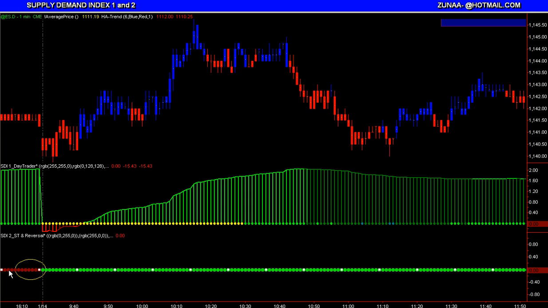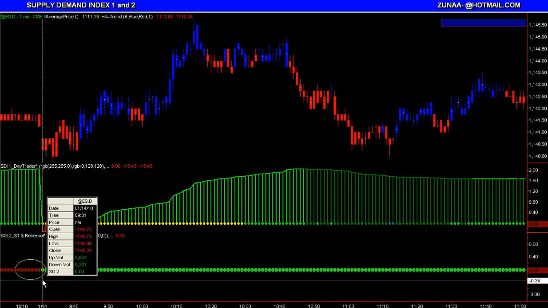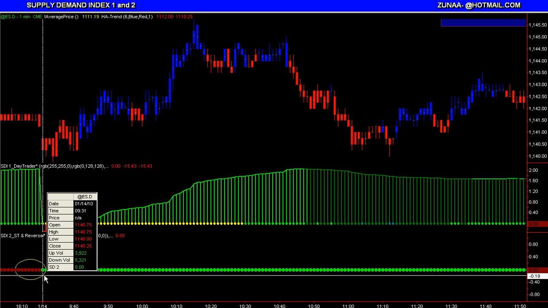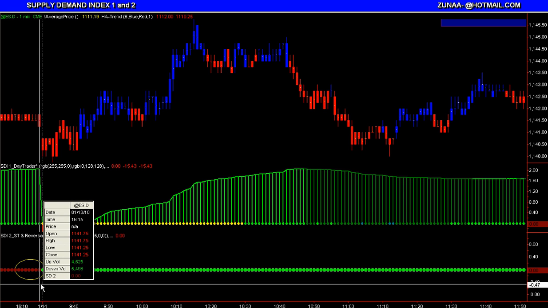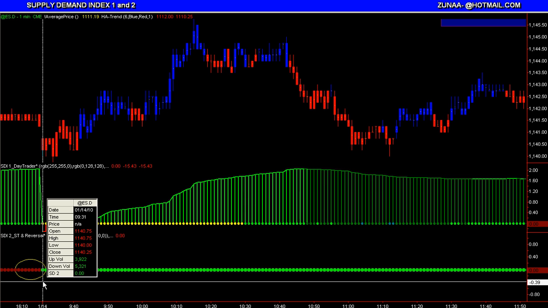So SDI2 would need to be either dark red or red, and then switch to green. And it needs to be green, not dark green. So if this bar that I'm highlighting right now, or that dot, would have been a green color, then that would have been a reversal signal. We didn't get it the prior day, we did get it right on the first bar.